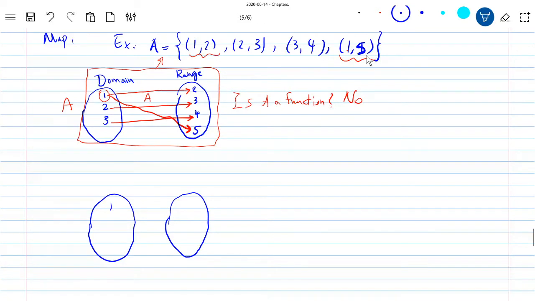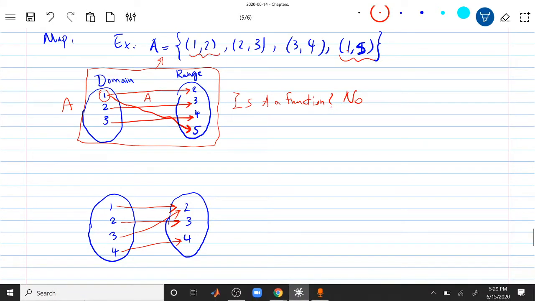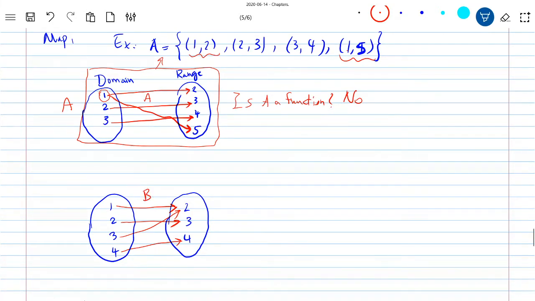What if it was 1, 2, 3, 4, going to 2, 3, 4, and the arrows were like this: 1 goes to 2, 2 goes to 3, 3 goes to 2, and 4 goes to 4. Let's call this B. Is B a function?